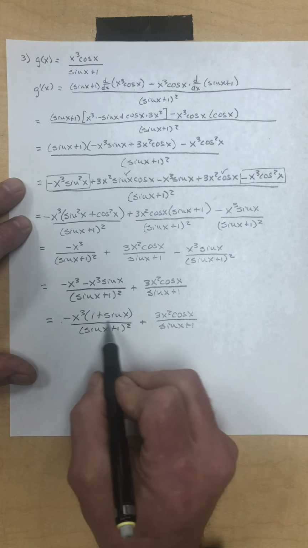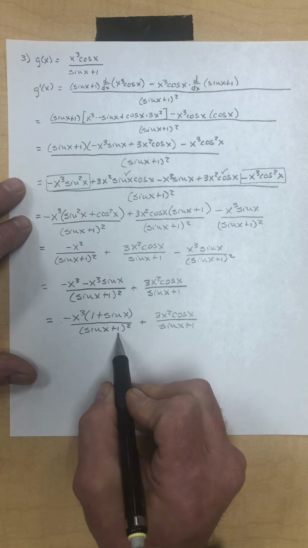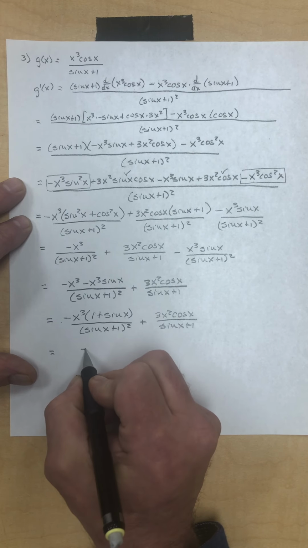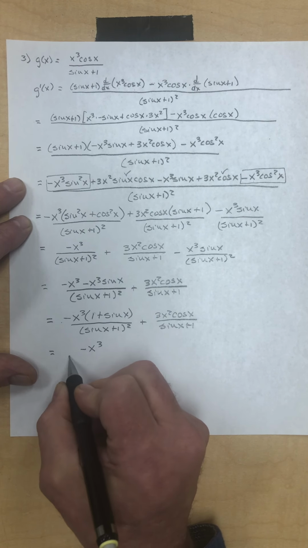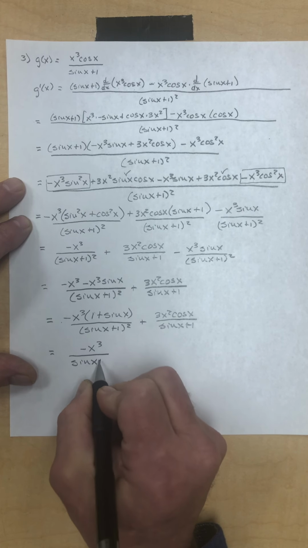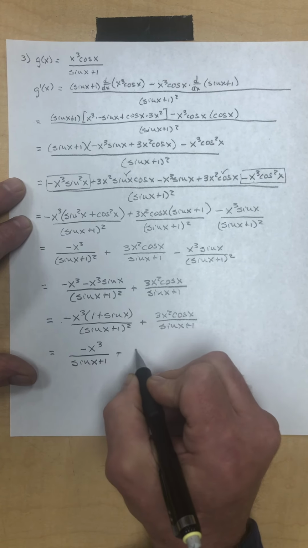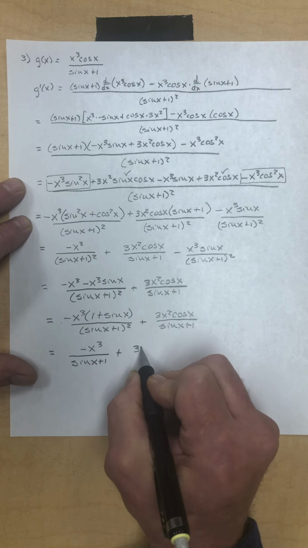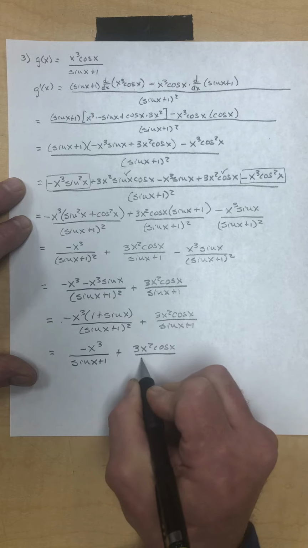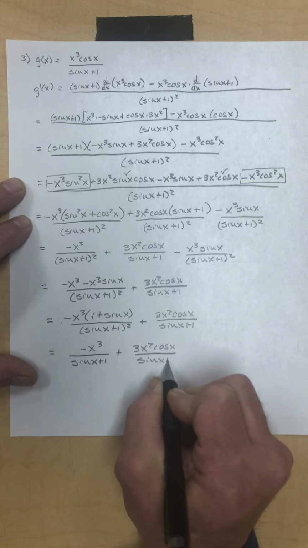Now, isn't 1 plus sine of x the same as sine of x plus 1? So I can cancel them off, and I get negative x cubed over 1 factor of sine of x plus 1, plus 3x squared cosine of x over sine of x plus 1.